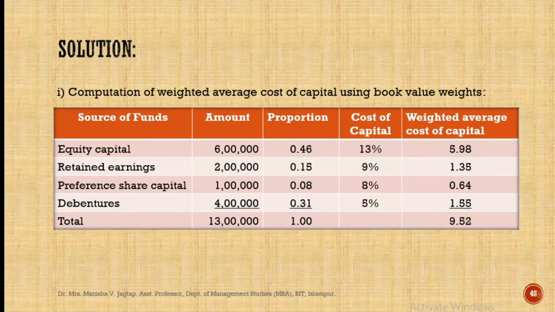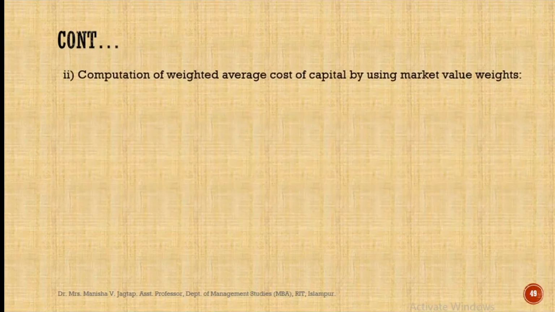In this way, the total weighted average cost of capital using book value weight is 9.52.